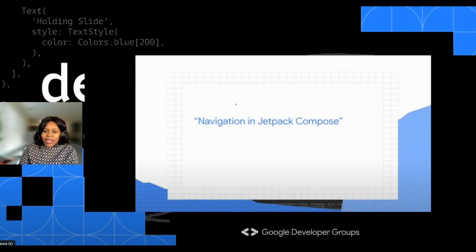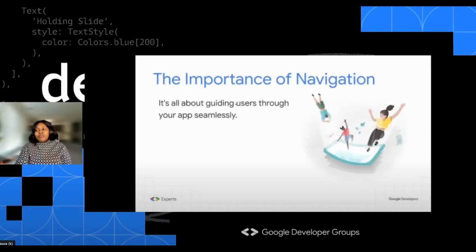We're going to be talking about navigation in Jetpack Compose. For people who don't know, I always like to make my talks more introductory in the beginning, just to explain what it's about, because it's good to bring them into the topic easily. Navigation is all about guiding the user through your app seamlessly, right?